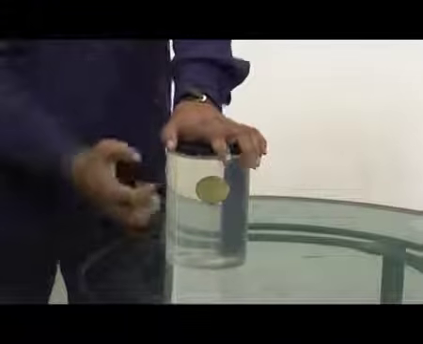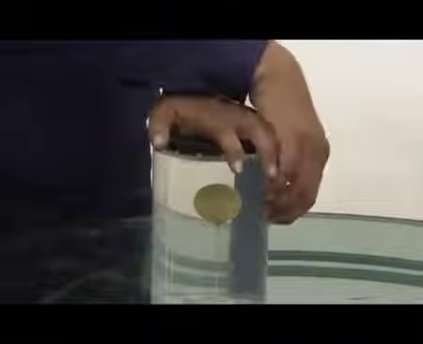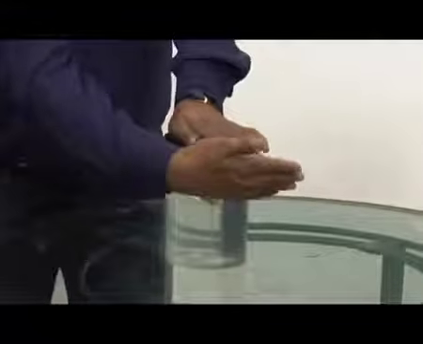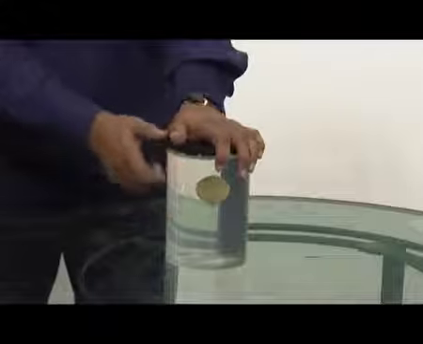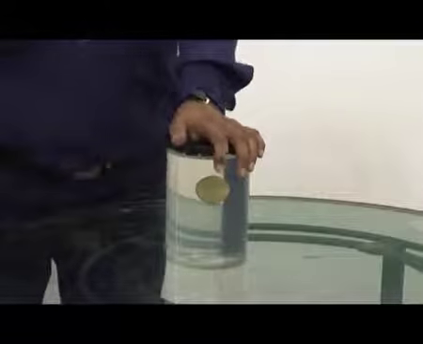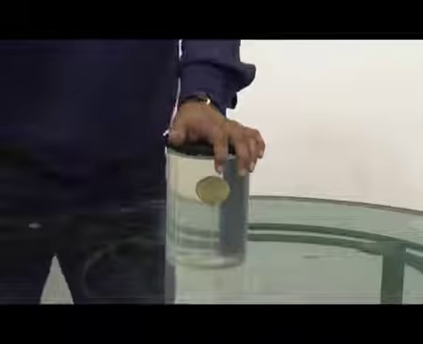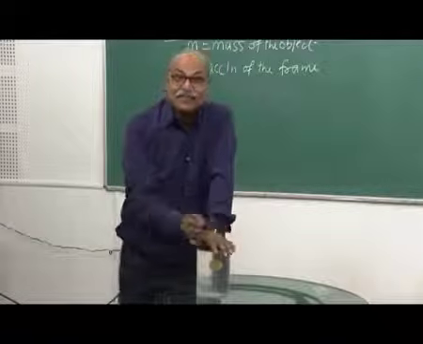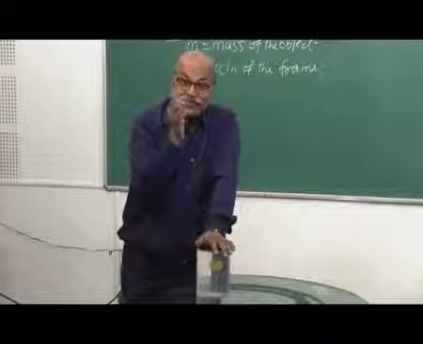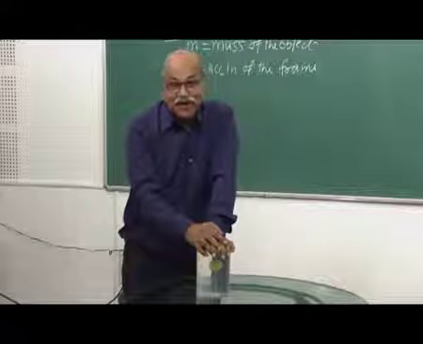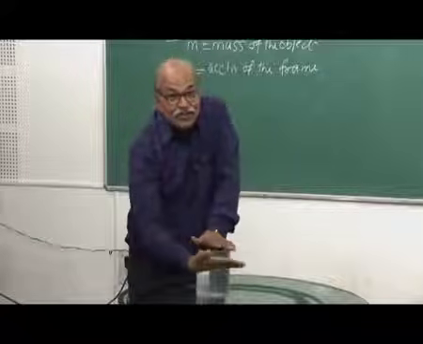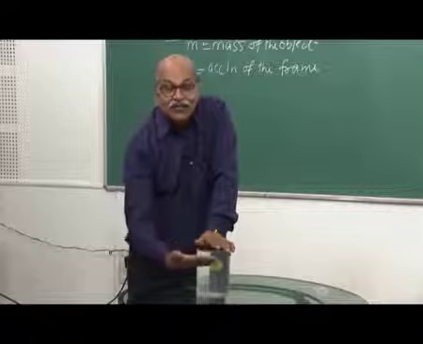Because of this pressure difference, you have a real force, and that real force dominates over the pseudo force. If you write F equal to ma, including the pseudo forces and the real forces, the total net resultant force points in this left direction, and that is how it moves in the left direction.